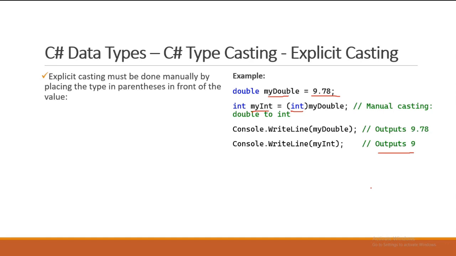It will take the biggest value smaller than 9.78, which is 9. Okay, this is the first way you can use in your code for explicit typecasting.